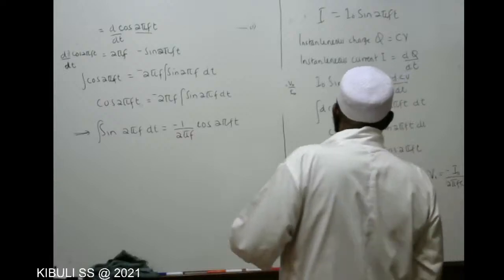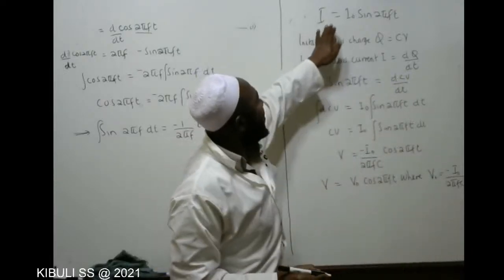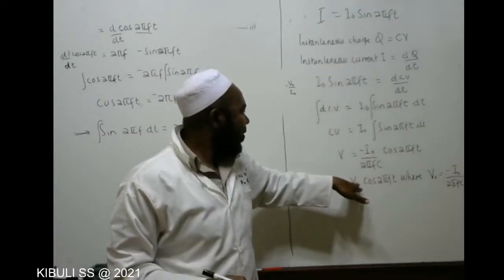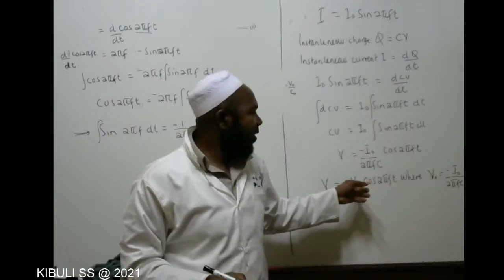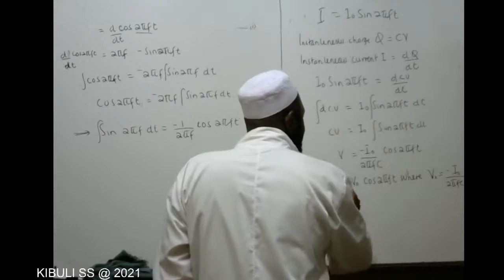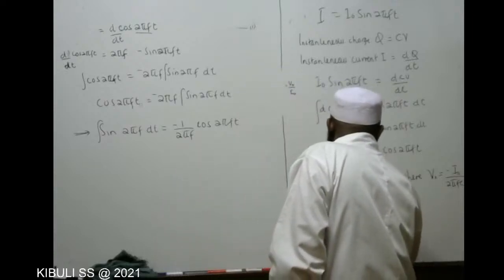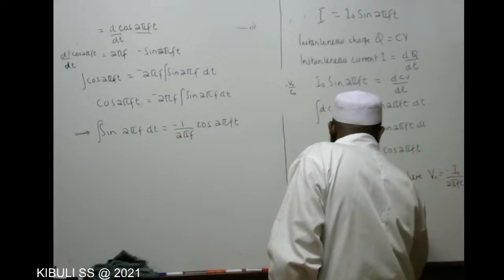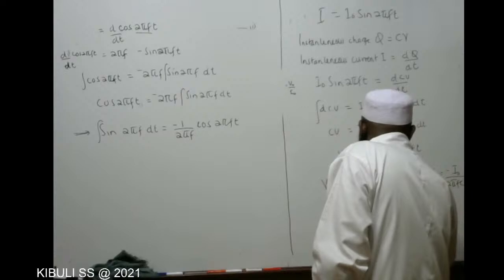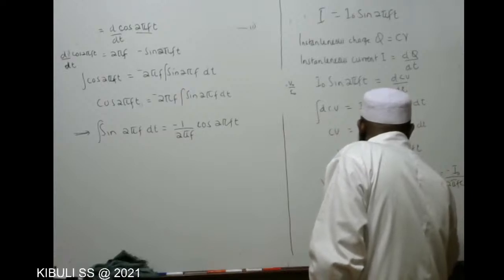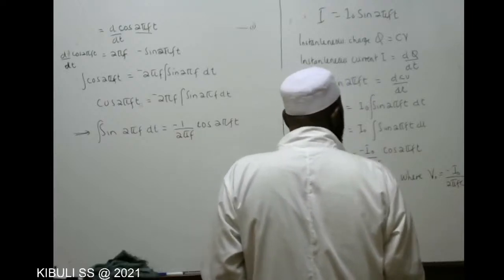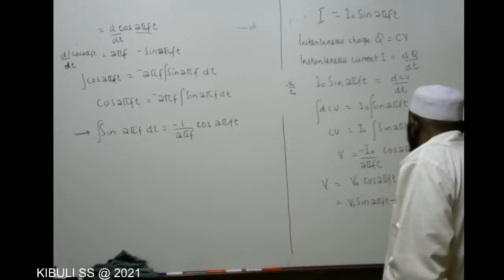So you now realize we began with I equal to I naught sine wt. We are now ending with V naught cos wt, but V naught is negative, which implies that this is the same as V naught sine wt, which is 2 pi ft minus pi over 2.